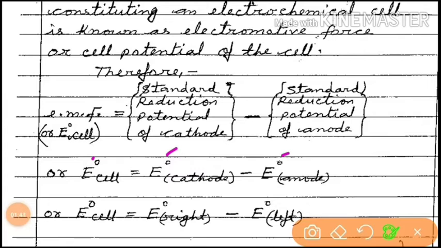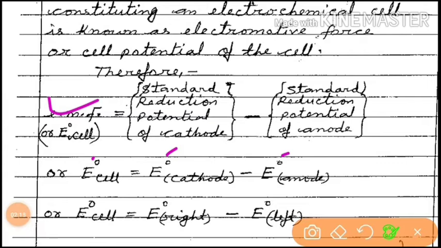Standard conditions are temperature 298 Kelvin and the concentration of both solutions, for example in the zinc and copper electrochemical cell, the zinc sulfate solution and copper sulfate solution, should be equal to 1 M, and 1 M means 1 molar concentration. So if the concentration is 1 M and the temperature is 298, then these conditions are called standard, and under this standard condition we can calculate the EMF of the cell by using this formula.